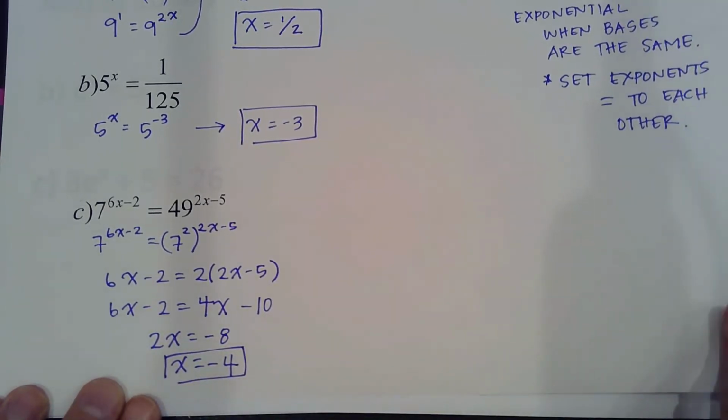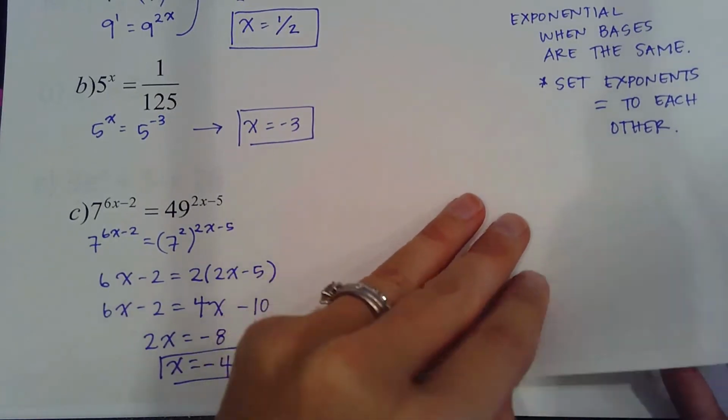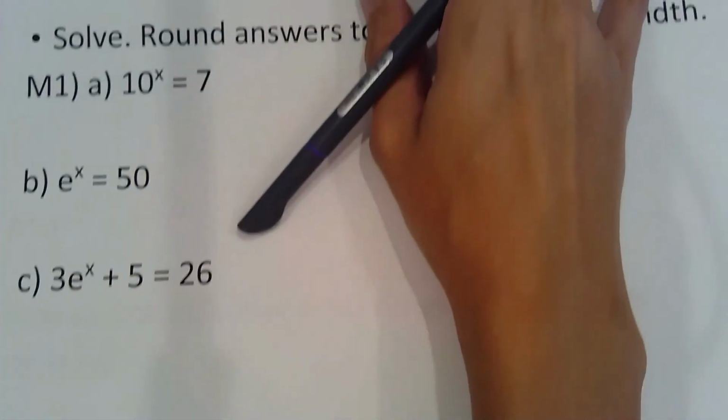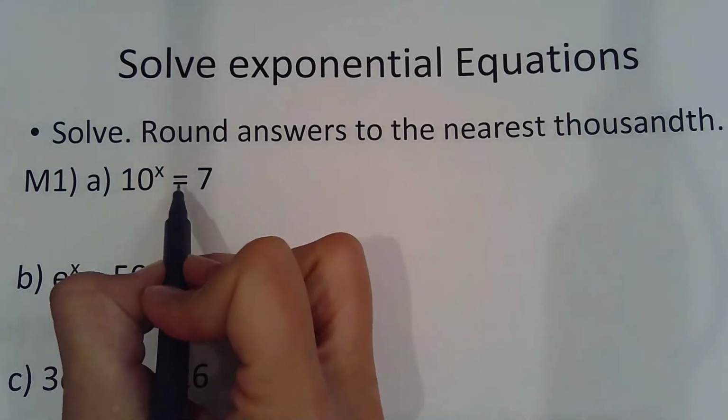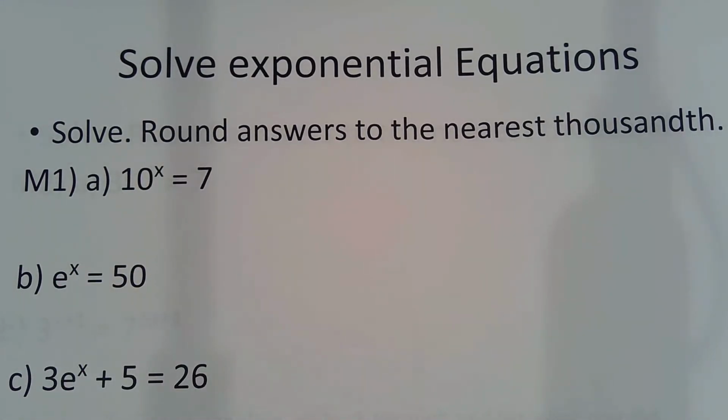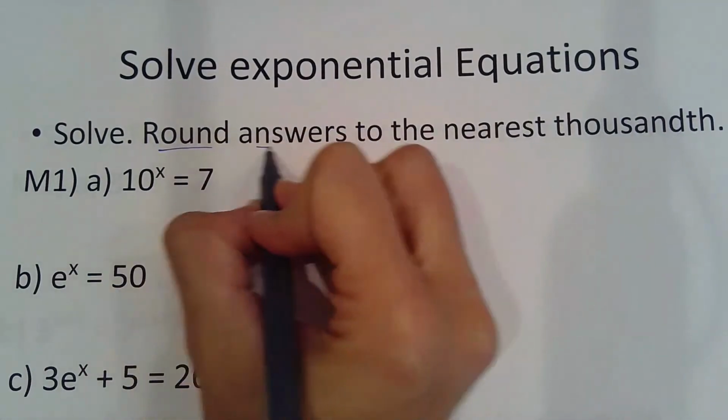Okay, so that's when the bases can be the same. All right, let's look here. What about these types where they are not the same? I have 10 raised to the x is equal to 7. This is where we're going to be using a calculator.